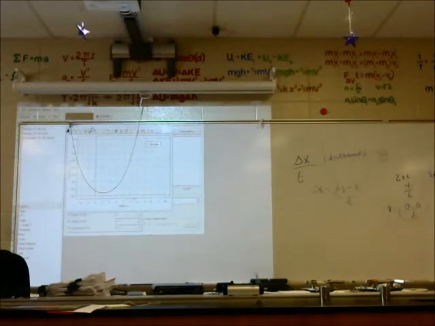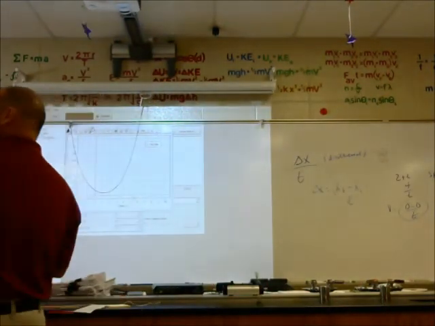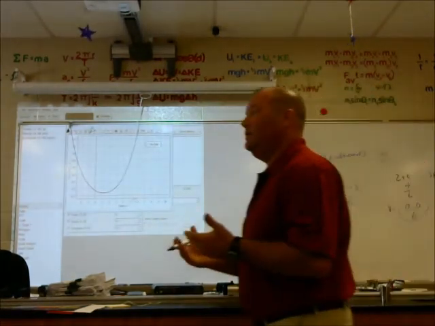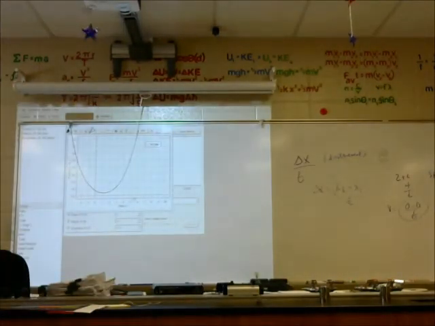If I looked at my origin being, I guess we'll go here again. If I go plus 2 meters this way, turn around, and go 4 meters this way, how much distance have I covered? 2 plus 4 is 6, right? What about velocity or displacement?